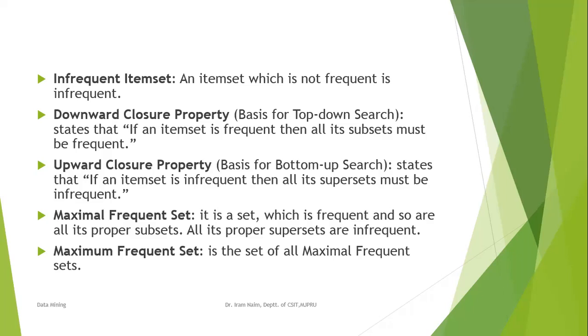Then A, B, and C separately are frequent item sets. AB, BC, and AC are also frequent sets. So if you partition the 3 item set into 2 items and 1 item, they are found to be frequent because the upper value is frequent, so all the lower values are considered frequent.